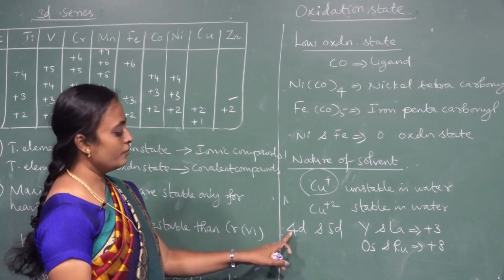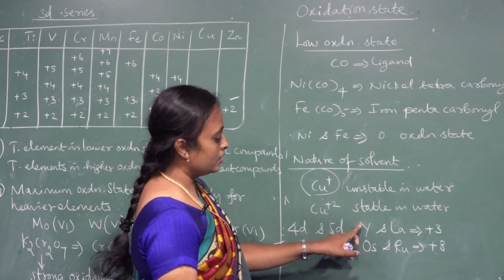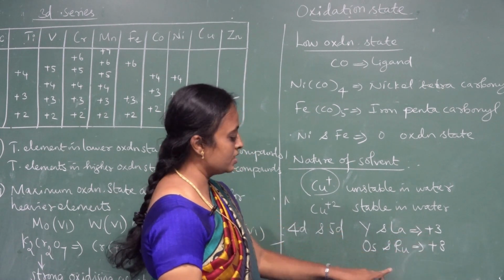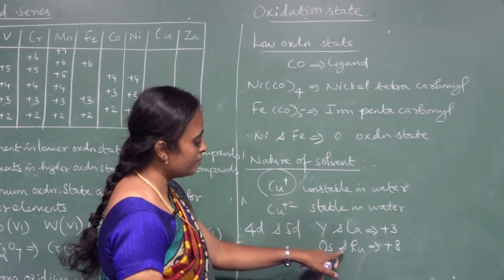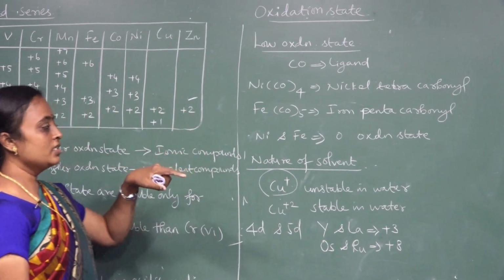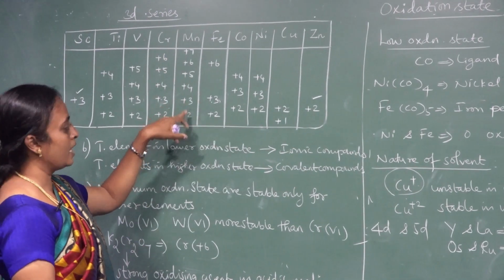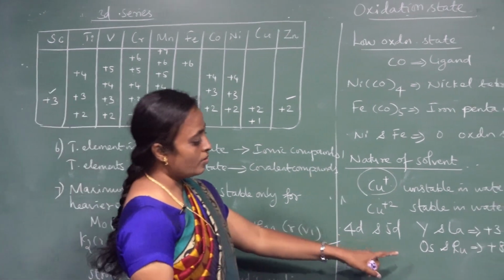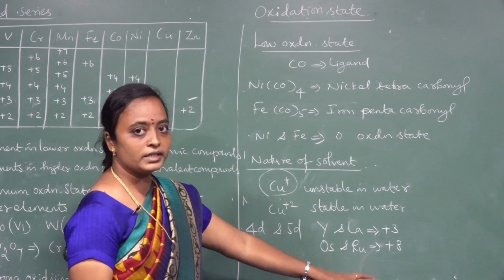In the 3d, 4d and 5d series, yttrium and lanthanum show plus 3 as the common oxidation state, and the maximum oxidation state is exhibited by osmium and ruthenium. In the 3d series, the maximum oxidation state is exhibited only by manganese, but among all the d block elements, the maximum oxidation state is shown only by osmium and ruthenium, that too plus 8.